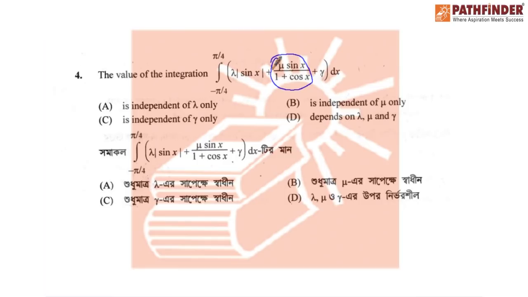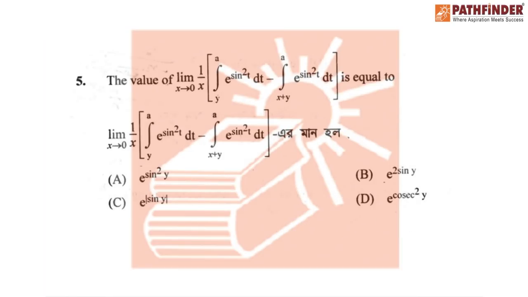If it is an odd function, from minus pi by 4 to pi by 4, whatsoever the value of mu is, this term is always equal to 0. That means it is independent of mu only, which is given in option B. So question number 4, option B is correct. Move to question number 5.